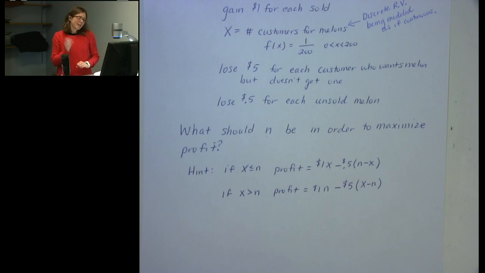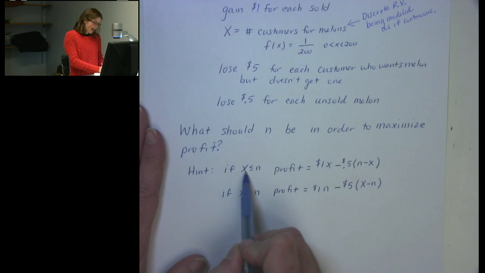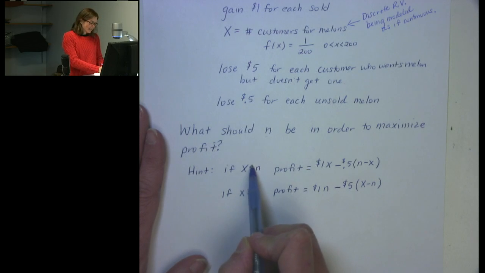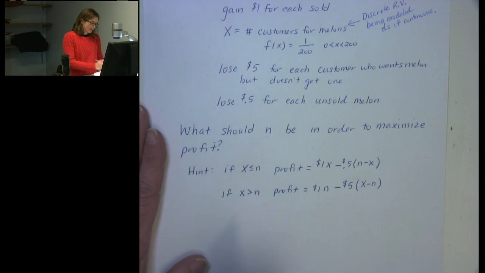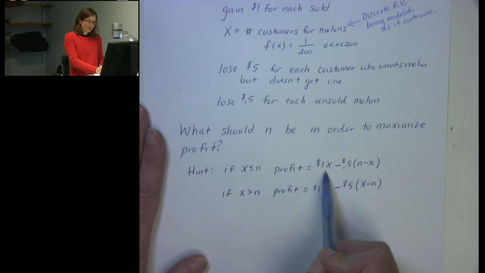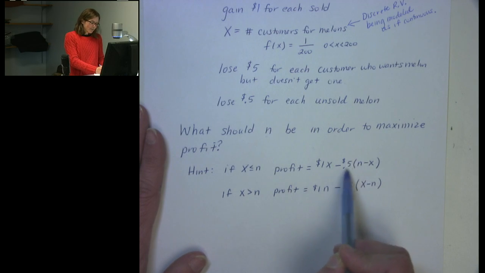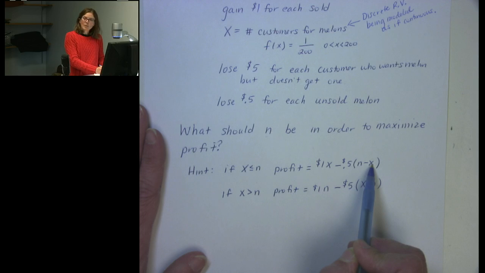So the hint they give us is that if X, so the demand, is less than or equal to the number of watermelons they have, then their profit is they make $1 for every watermelon they sell, and there'll be X of those because they had more melons than demand. And then they'll lose 50 cents for the N minus X watermelons that are left over.